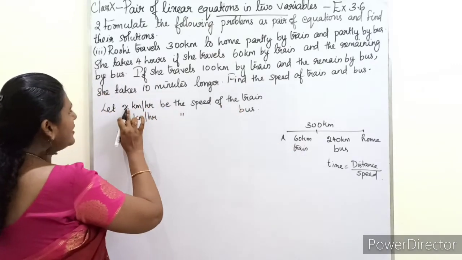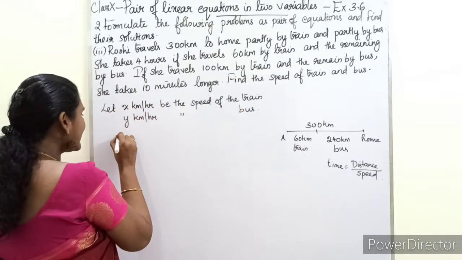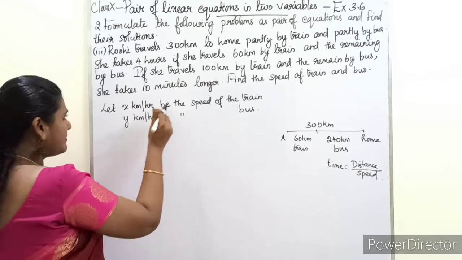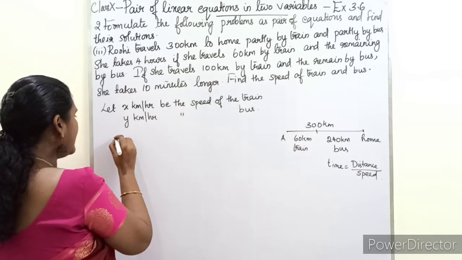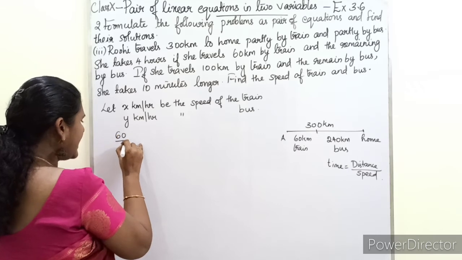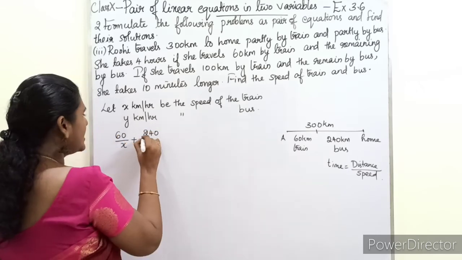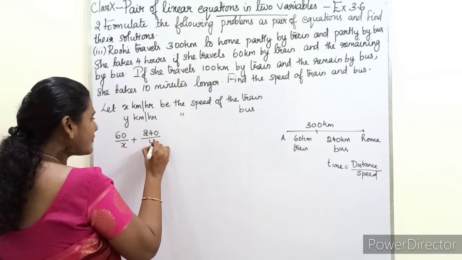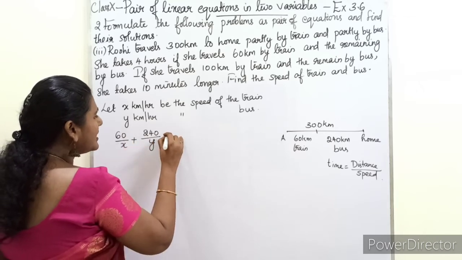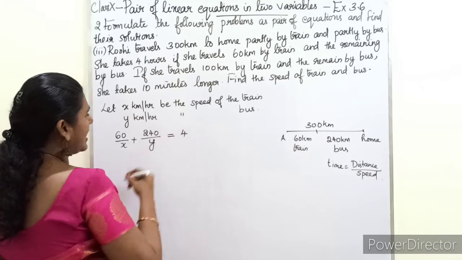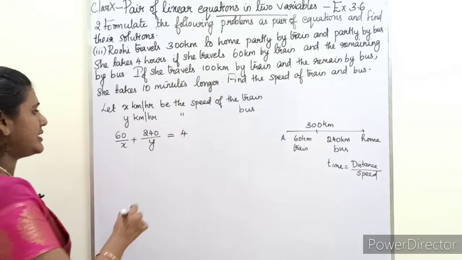So what is the speed of the train? x. So the time taken by her to travel by train is 60 by x plus 240 kilometer by bus, that is 240 by y, as the speed of the bus is y. So the total time is 4 hours. So this is the first equation.